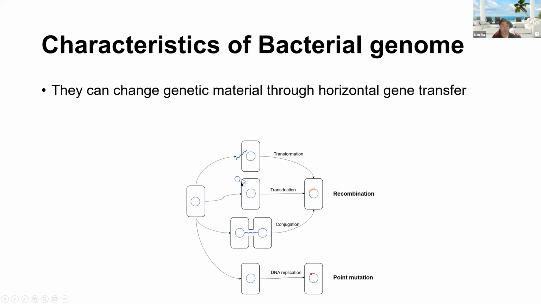They can also obtain a genetic element from a virus, the bacteriophage, which is called transduction, or they can even share between two different organisms, which is called conjugation. And all this happens with recombination. So with horizontal gene transfer, you're going to have a regional change within your chromosome or plasmid.